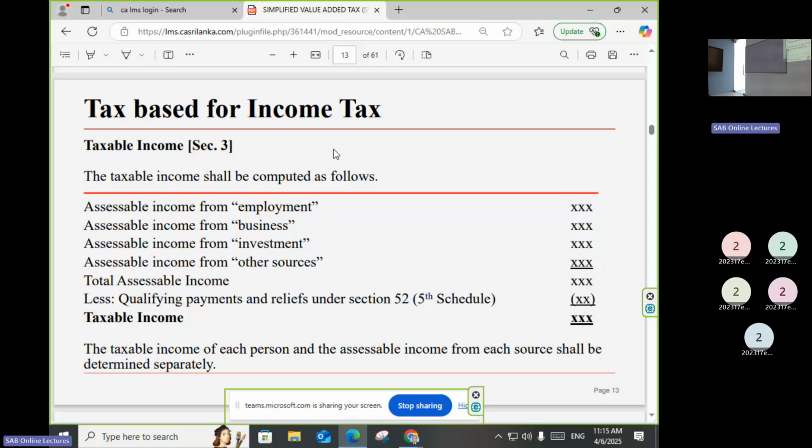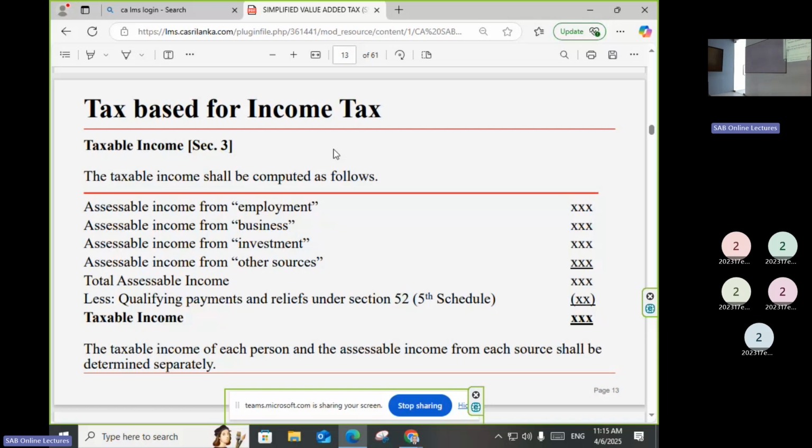Only two items we can deduct. So we have to be careful when we work out assessable income so that the correct income is considered. Otherwise, there is no chance to remove any income from that. Right? Understood?